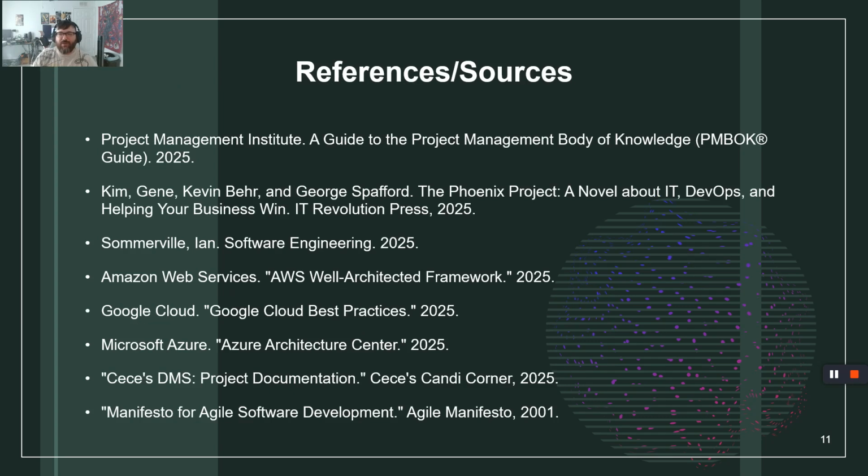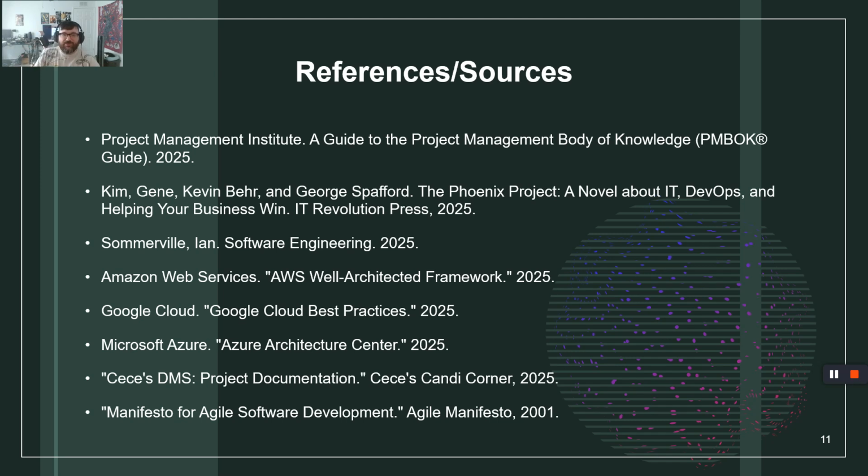These are just a few of my references and my sources. We have the PMBOK guide. We have the Phoenix Project, a novel about IT, DevOps, and helping your business win. Ian Sommerville, he wrote the software engineering book.